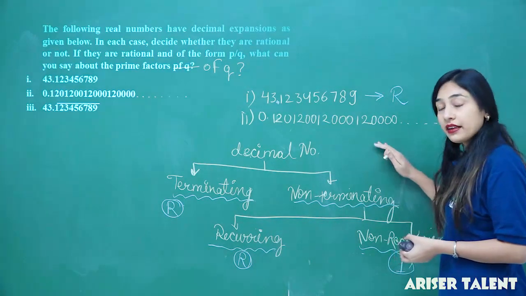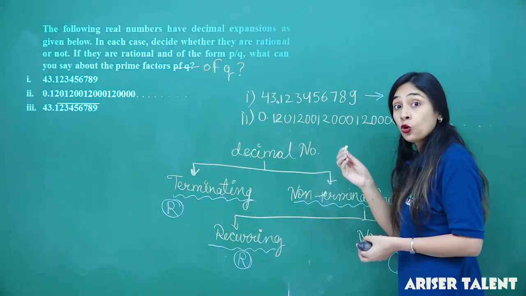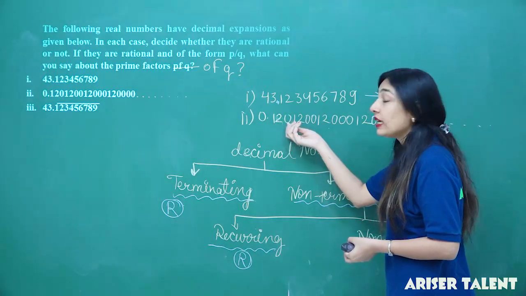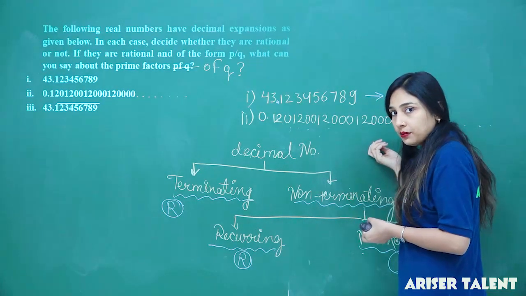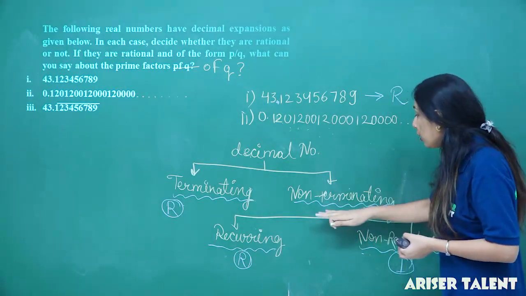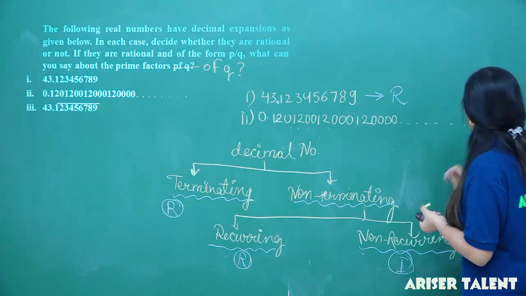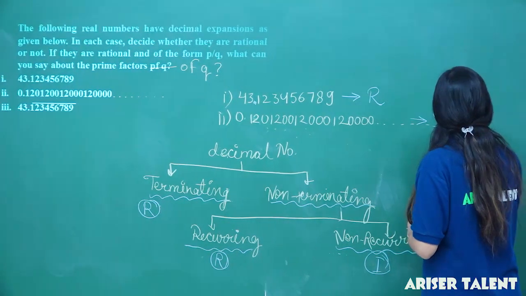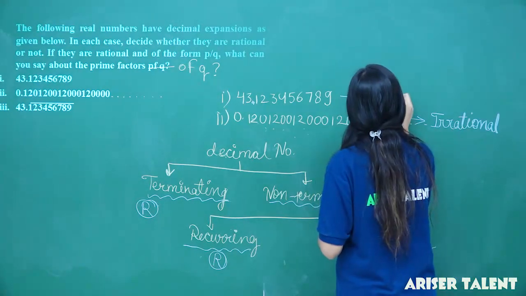You'll say 12 is repeating. No, it's not again 1 2 1 2 1 2. It is 1 2 then 0, then 1 2 then 0 and 0. Okay, so there is a pattern, but there is not any kind of repeating here. So it will be non-terminating and non-recurring. So this is basically irrational. This one was rational.